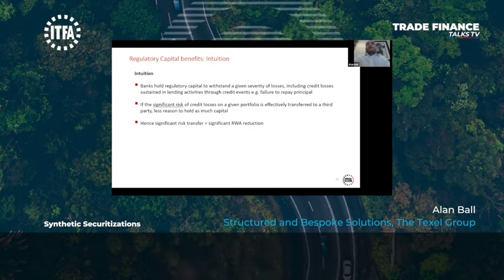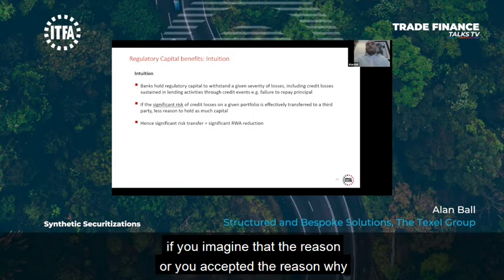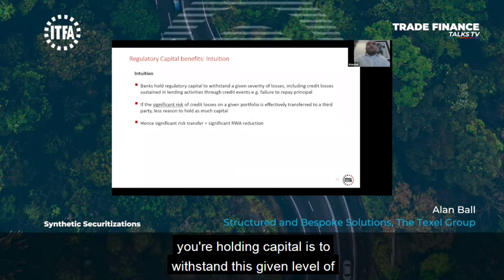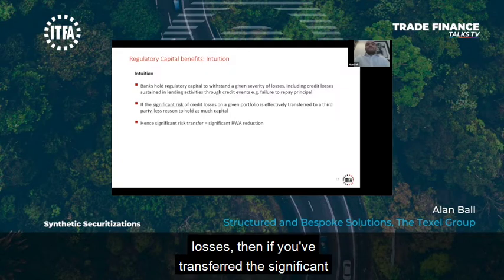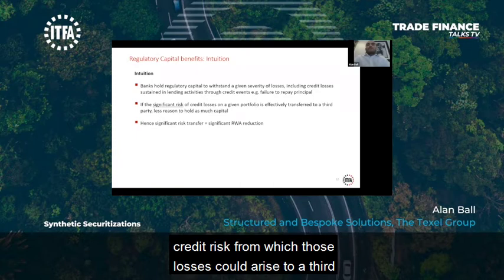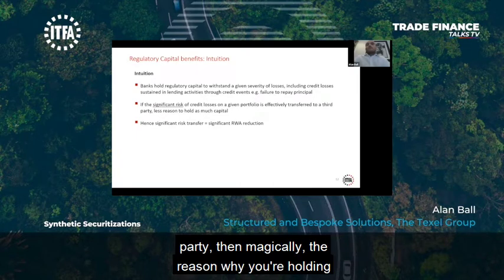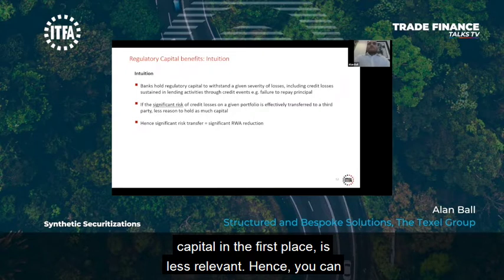Now, if you accept that the reason why you're holding capital is to withstand this given level of losses, then if you've transferred the significant credit risk from which those losses could arise to a third party, then logically, the reason why you're holding capital in the first place is less relevant.